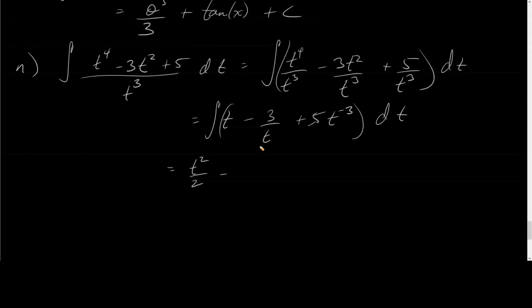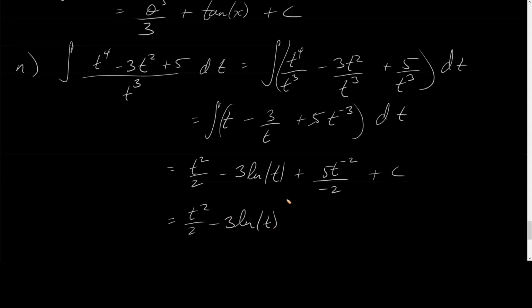When we have our exponent being negative 1, it's just ln of the absolute value of that variable. And this one will add 1 to the exponent, divide by the new exponent, plus c. I'm just going to go ahead and rewrite this as t squared over 2 minus 3 ln of t, well, absolute value of t. It's important to have the absolute value. And then minus 5 over 2t squared plus c.